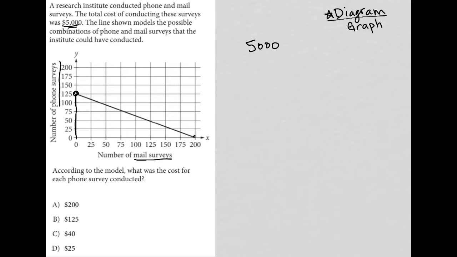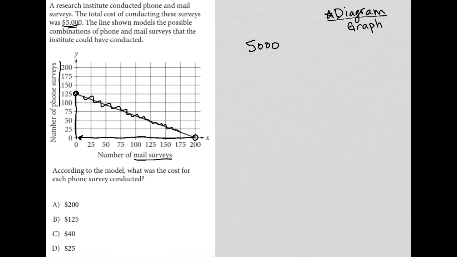And my x-intercept would tell me that I need 200 mail surveys. 200 is on the x-axis. So 200 mail surveys to correspond with 0 phone surveys to get up to that same $5,000. And there are a lot of different options in between those two poles.